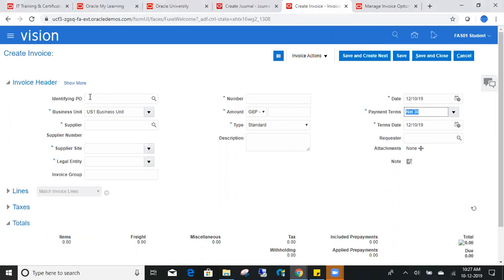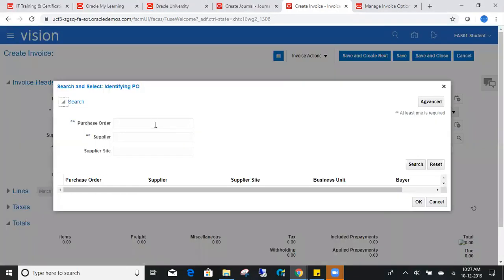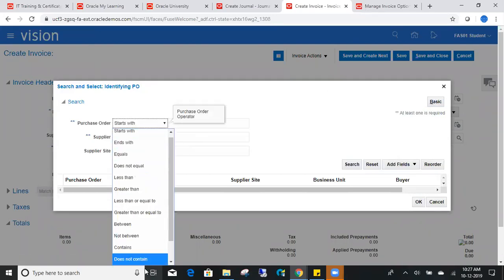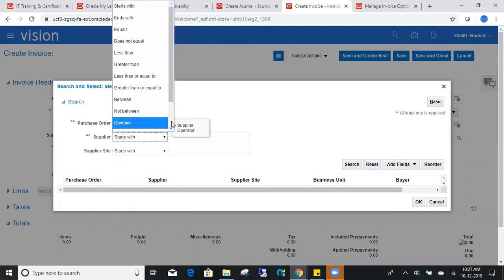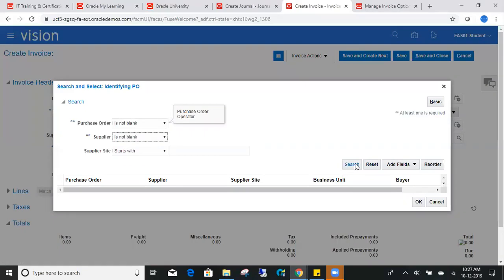And I told you about the PO, right? There is a PO purchase order and a non-PO purchase order. If there is a PO purchase order, for a PO invoice there should be a PO. Check it for advanced, start with is not blank. Supplier is not blank. Let us search it. Let me check, is there any?